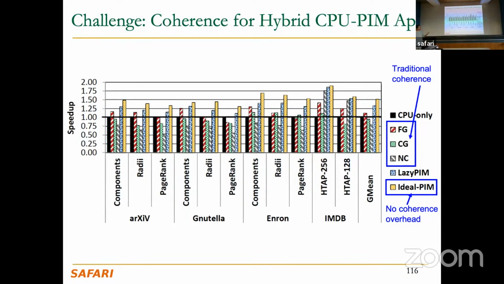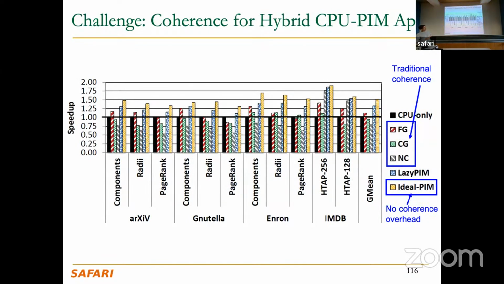the authors tried to first of all measure the impact of using traditional coherence mechanisms that are used, for example, in multiprocessor systems and multi-core CPUs, such as the MESI protocol.